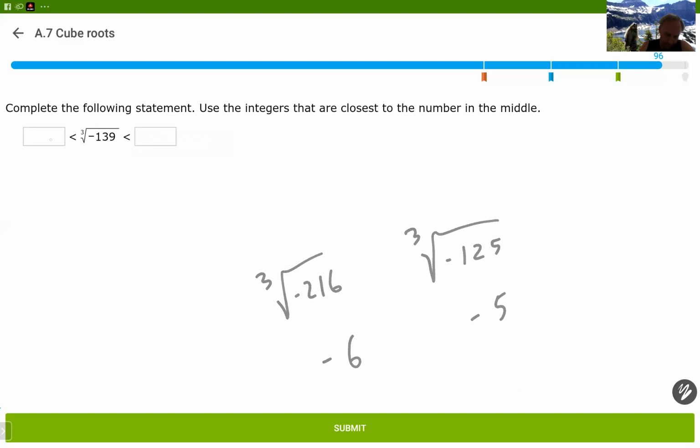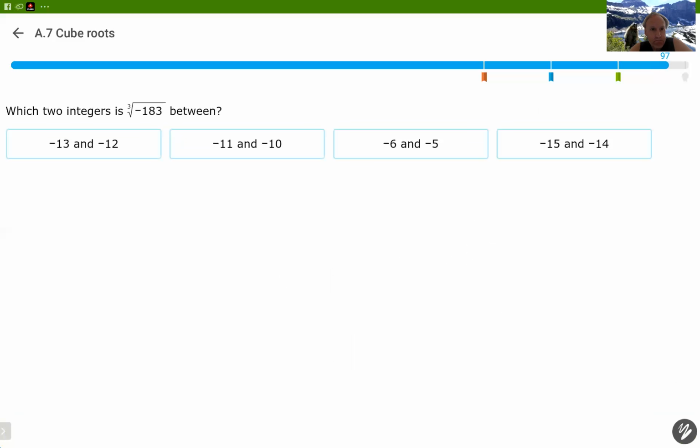Negative 6, negative 5. Remember to reverse the direction on those for the negatives. Negative 183, looks like it's the same deal again. Let's see. Oh. Negative 216 is negative 6. And the cube root of negative 125 is negative 5.